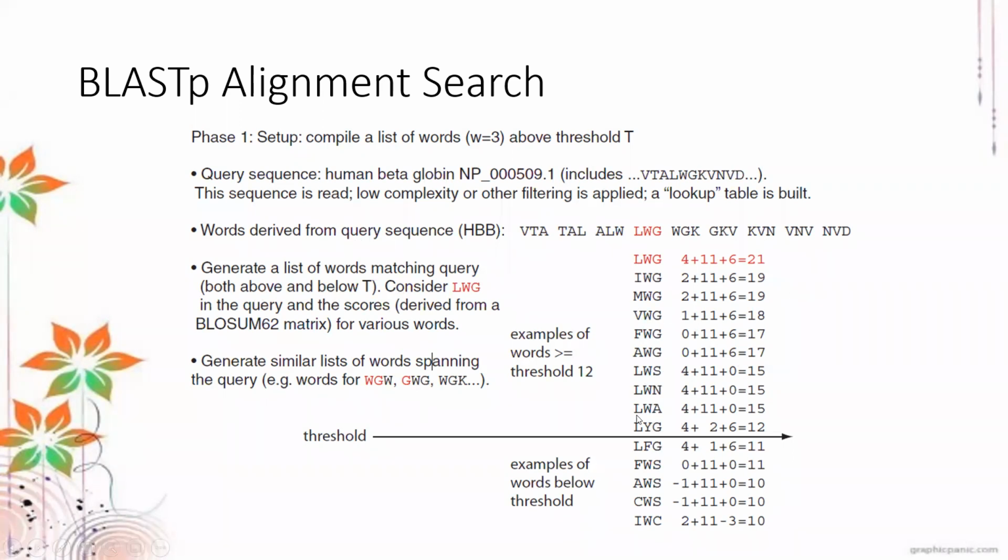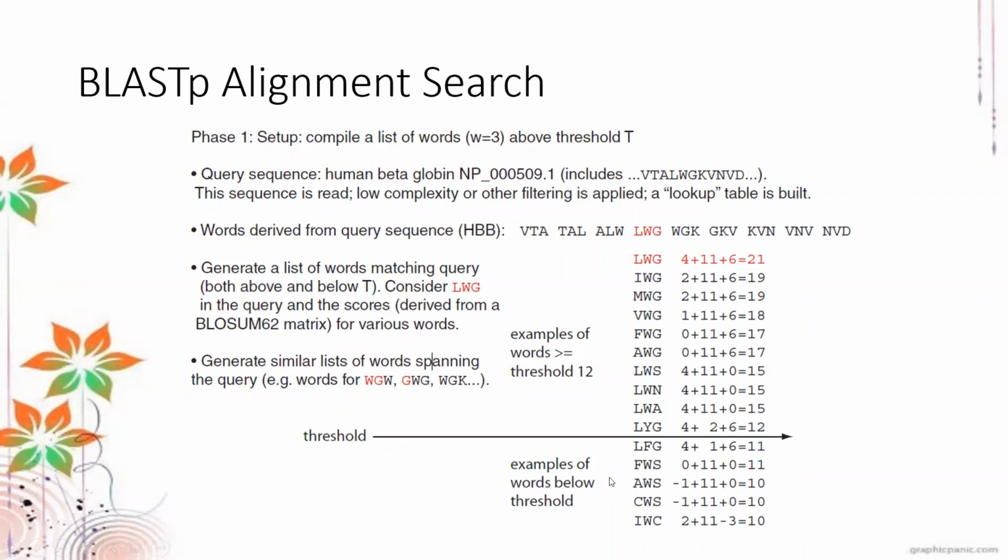These are the possible different target three-letter words near this one, and you have these target scores. So you specify a threshold. This is more of an arbitrary threshold, you can specify it, but you have a default threshold. This was obtained by performing many BLAST searches and optimizing what works the majority of the time. So you have this threshold.